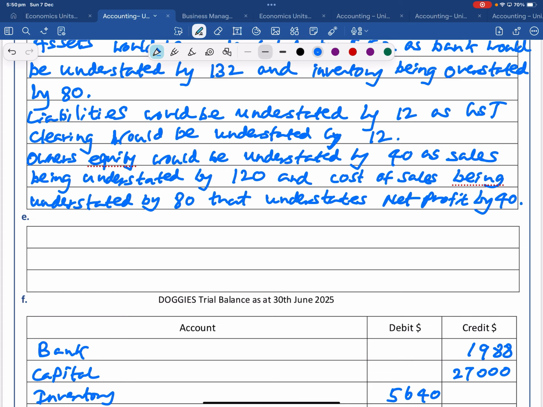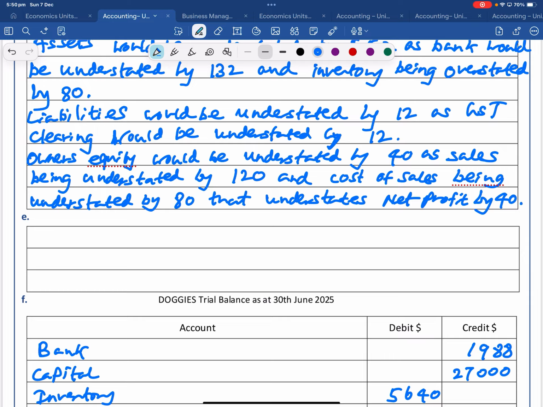Two entries have been recorded on the same side, which is like 2 debits. Yes? Good.